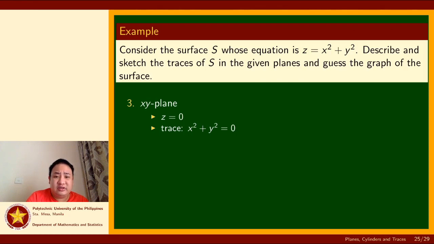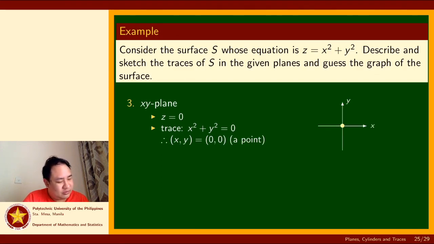Now notice that this equation can only be true if and only if both x and y are 0. That means that the trace in the xy plane is nothing but a point. So in the picture, it's like having one yellow dot in the xy plane. So the surface touches the xy plane at only one point, right?